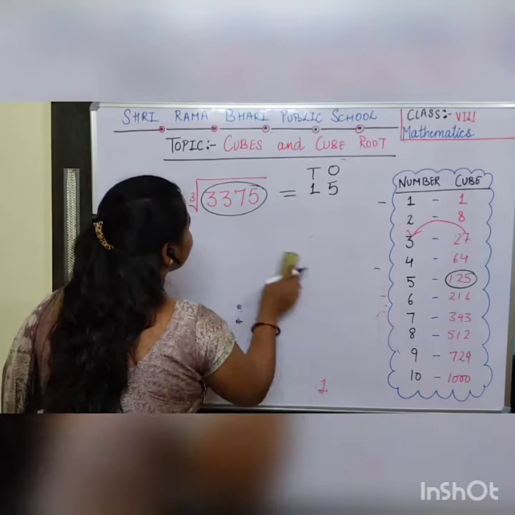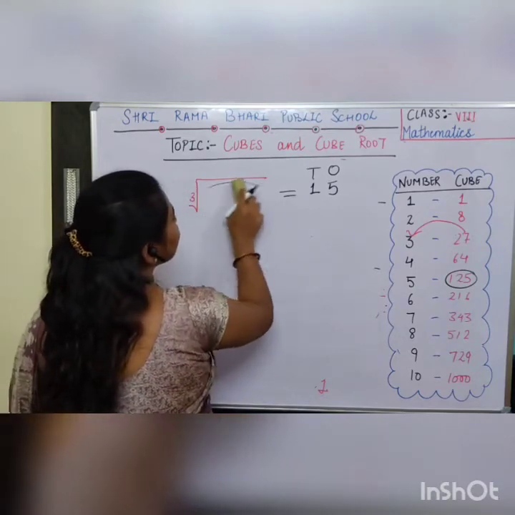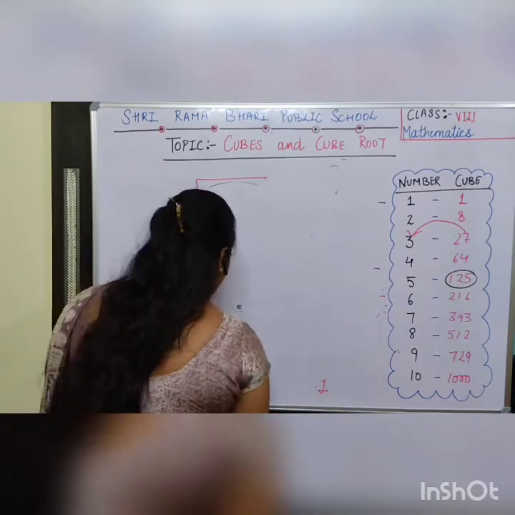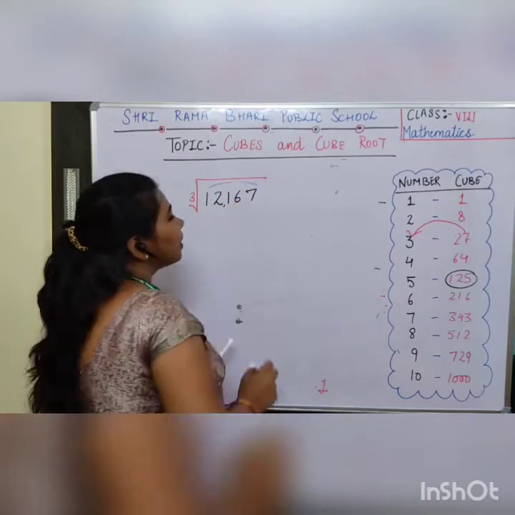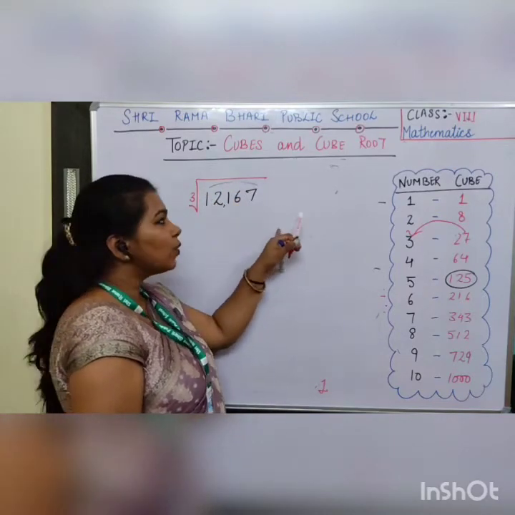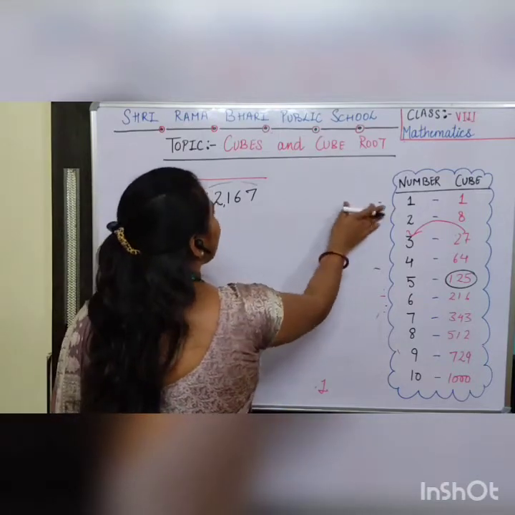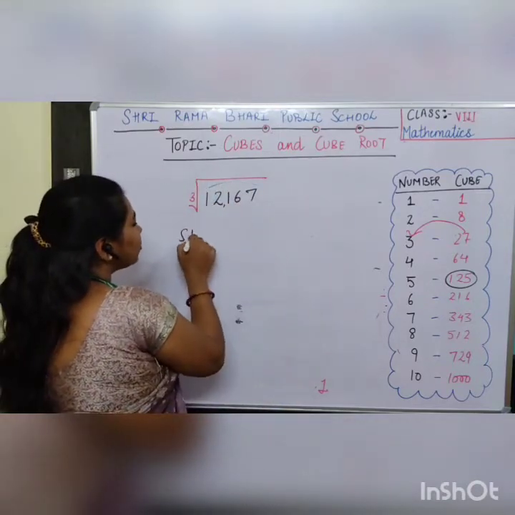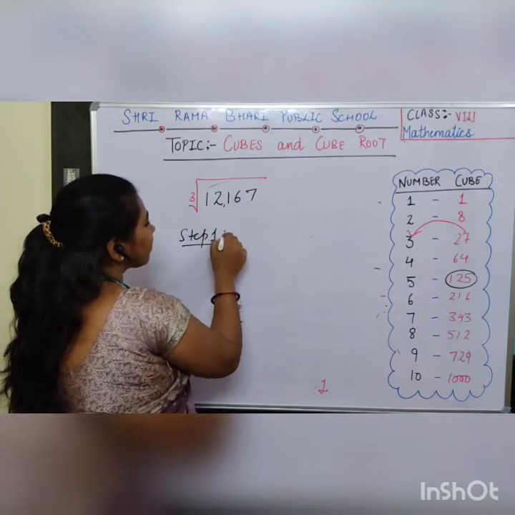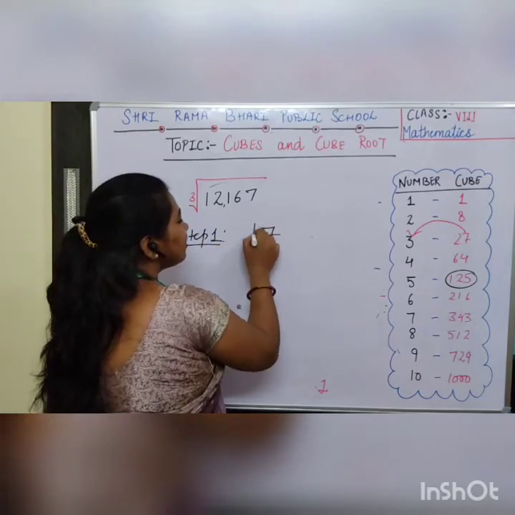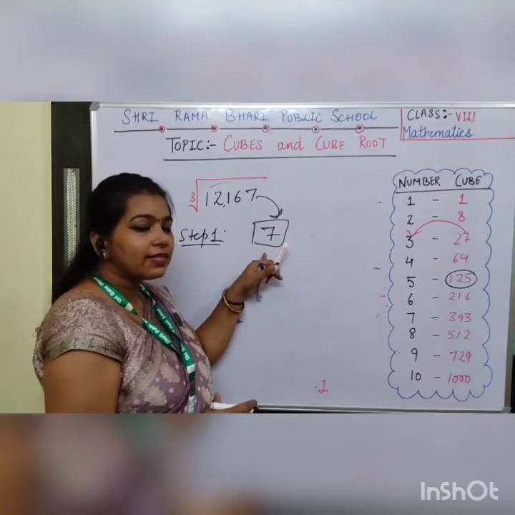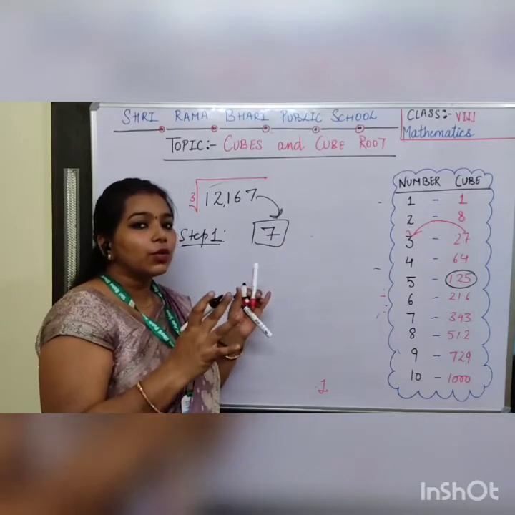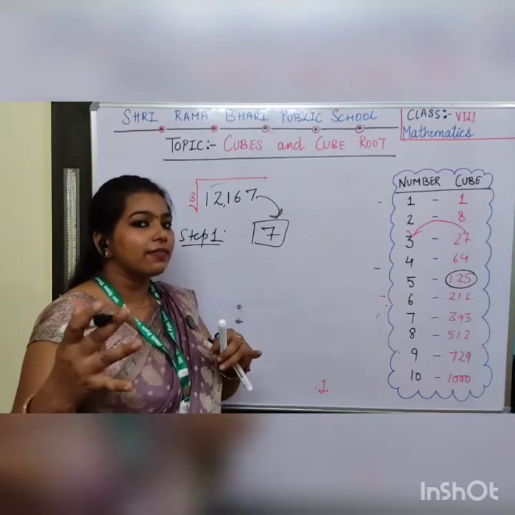The next example I am going to take is 12,167. Step number 1: we will consider the unit digit of the number, which is 7. Now we recall the cubes whose unit digit is 7.